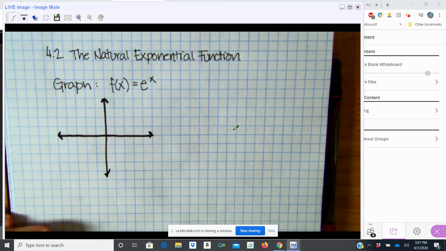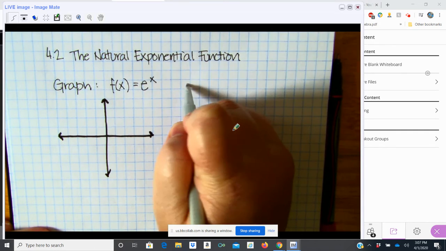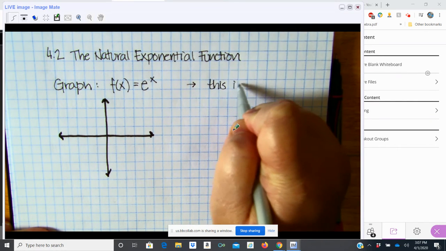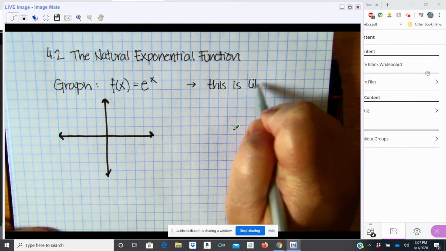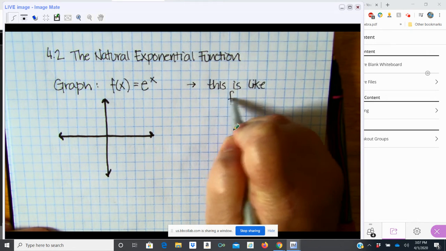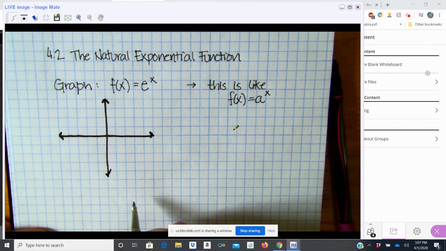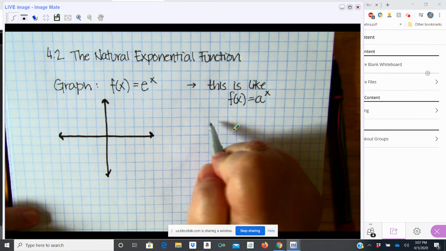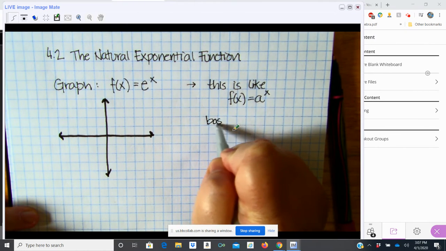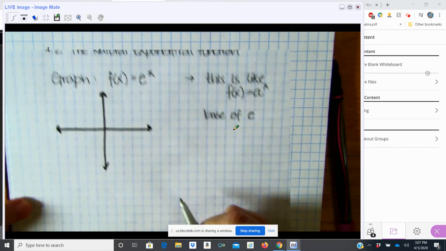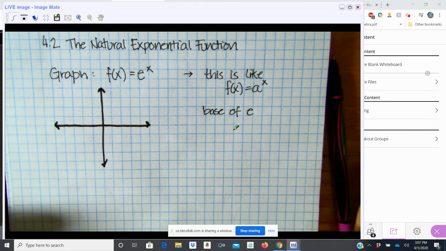All right. Now, note, this is just like f of x is equal to a to the x, in that we still have a base function and a base of e. Do you remember how much e is worth?